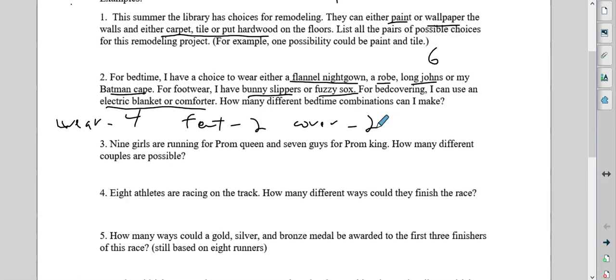I'm not going to run through them all, but you see how it plays out. But instead of making that huge overflowing chart, you just take all your possibilities and multiply them. So 4 times 2 times 2 is 16. So you have 16 different combinations that could occur.